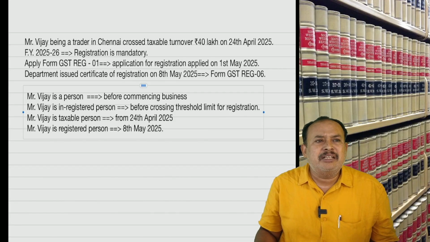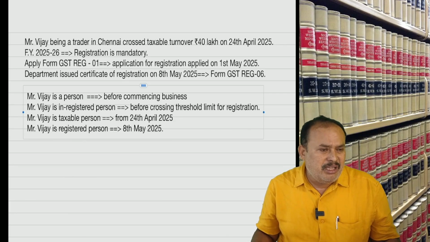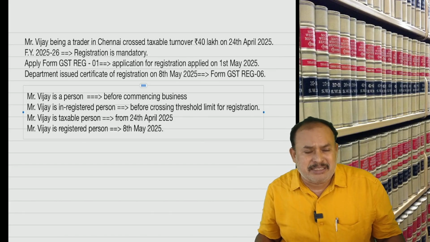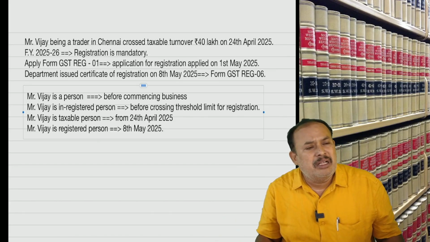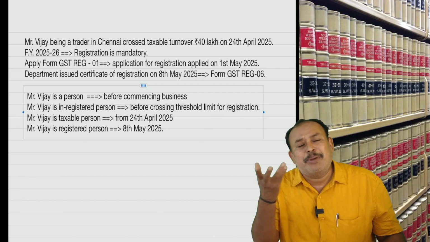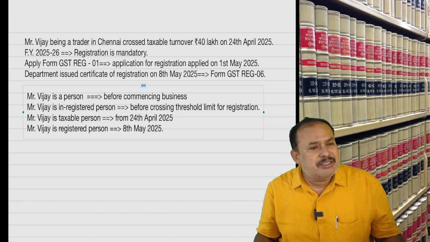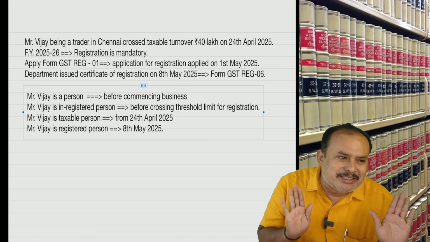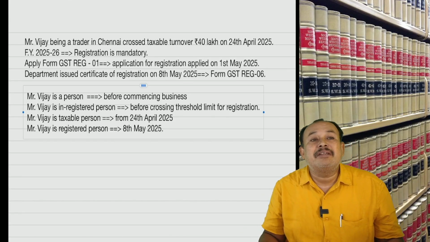A person like you and me, we are not providing any services or taxable services. Simply, we are individuals or employees, students. In that case, we are only a person. You get my point, sir?